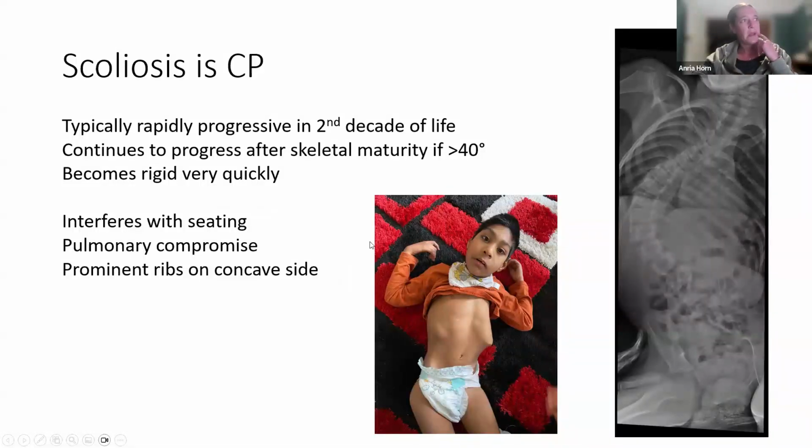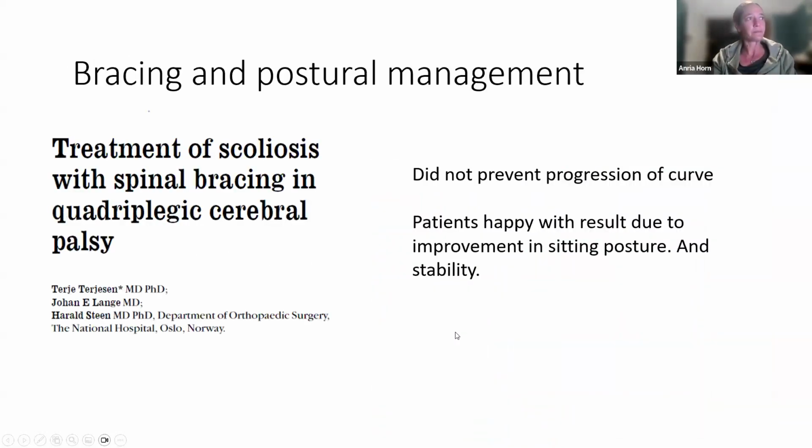Poor kids. So it's typically rapidly progressive in the second decade of life, and it can continue until after skeletal maturity if it's more than a 40-degree curve, gets rigid quickly, interferes with seating, pulmonary compromise, and all of that. And you can see this is this guy's X-ray, and the curve involves his entire spine and most often the pelvis as well.